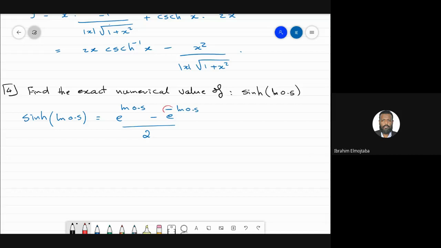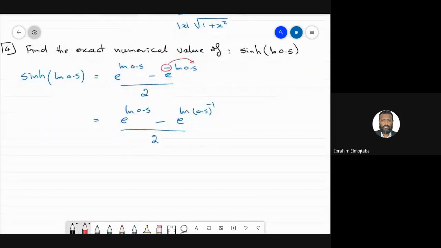Now this minus, we're going to take it up here, okay? Because the operation goes both ways. So this will equal e to the power ln 0.5 minus e to the power ln 0.5 to the power minus 1 over 2. Why do we do this?